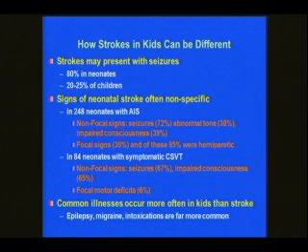But the other feature that makes the diagnosis difficult is remember that frequency of 2 to 4 per 100,000. Stroke in children, arterial ischemic stroke, isn't very common, whereas epilepsy, complicated migraine, intoxications are going to be far more common.